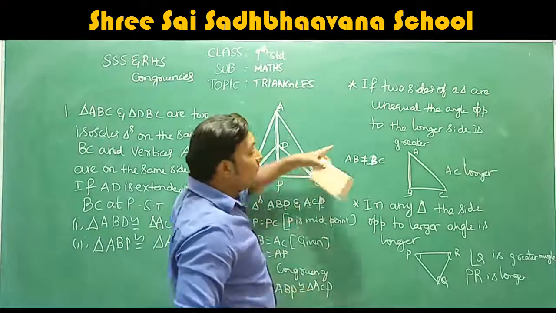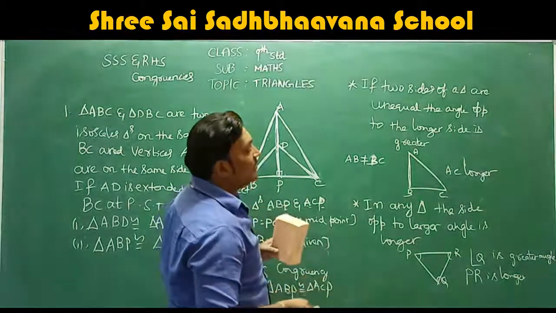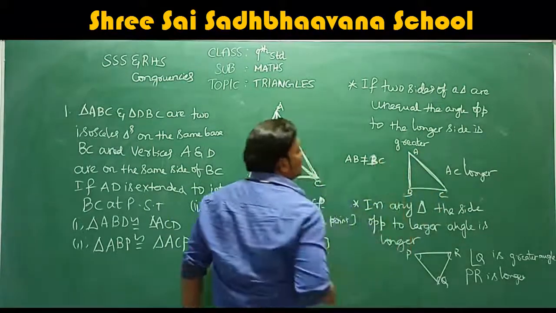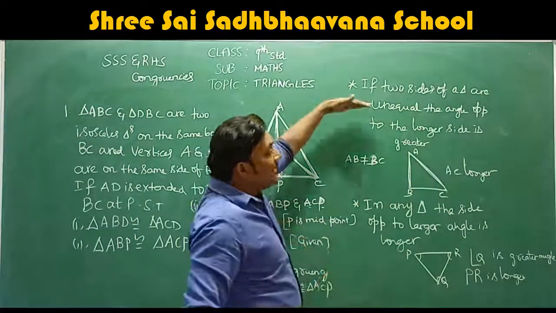So if these two unequal sides are there, AB is not equal to BC, then what is the opposite side for this? AC. So AC should be longer. I am just considering triangle ABC and applying the statement there.